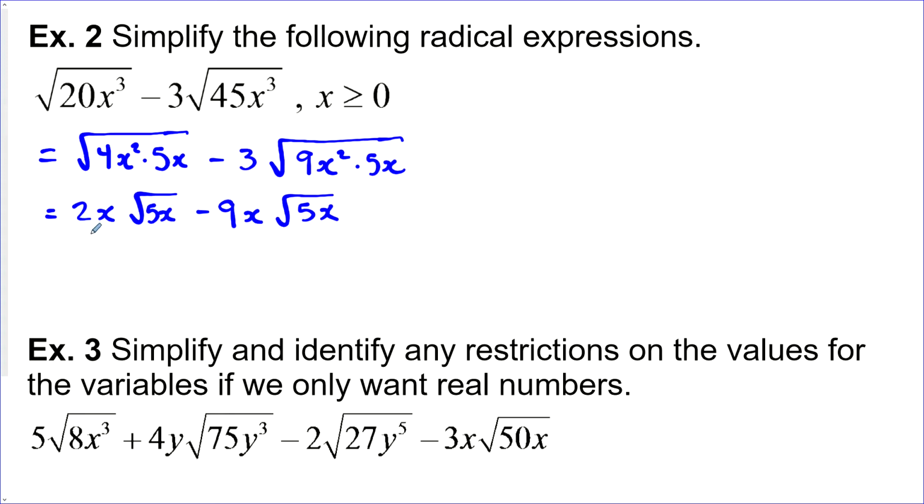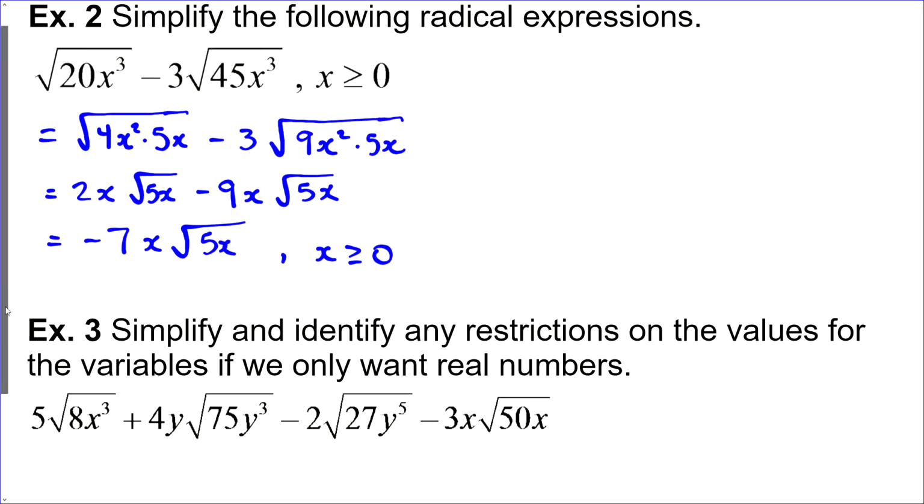And now 2x minus 9x. The radicals are the same, so we can actually subtract those. And then if we want real numbers here, we'll keep this restriction here, x is greater than or equal to 0.